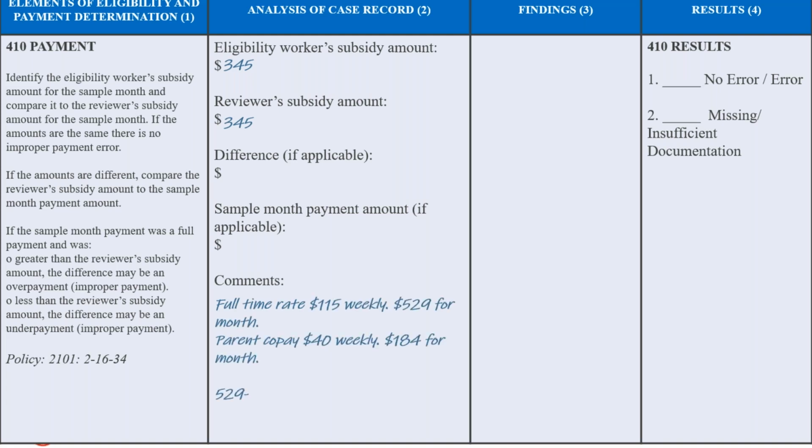We can skip the next two items, difference and sample month payment amount, because that's not applicable here. There's no difference. And again, in the comments section, I've just done a little bit of math on figuring out what the monthly rate was and the parent copay.